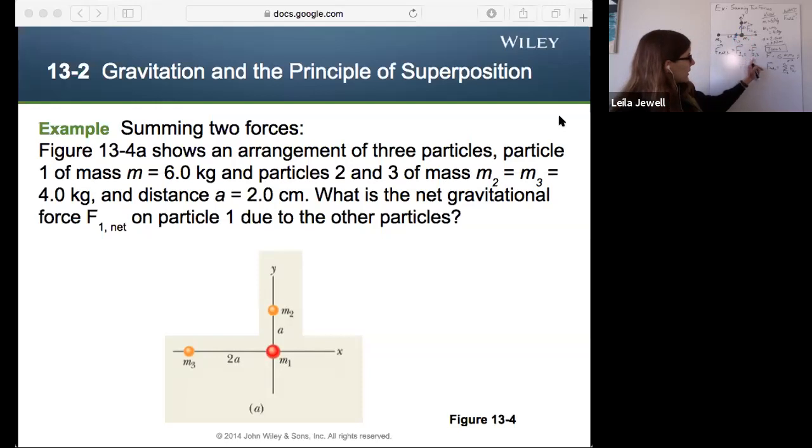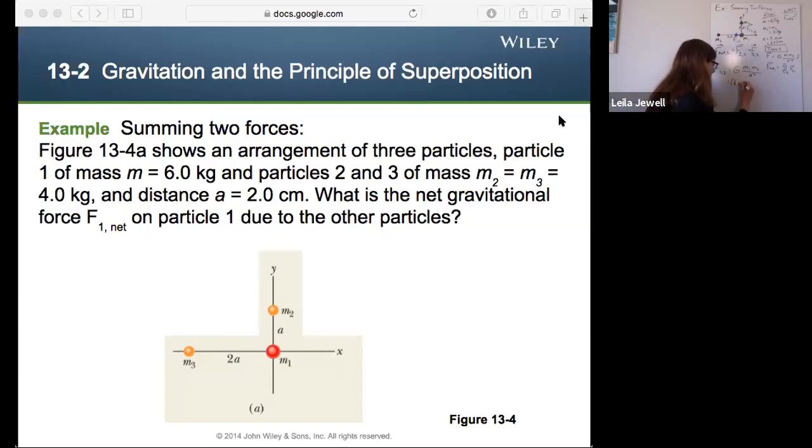Before we get into adding these up, I'm going to calculate the magnitudes of them, and then we'll come back to the directions. So the magnitudes can be calculated with this equation. F1 due to 2 is equal to G m1 m2 divided by the distance between 1 and 2, which is just distance A squared. So in terms of magnitude, that is now sufficient, and we can start plugging and chugging.